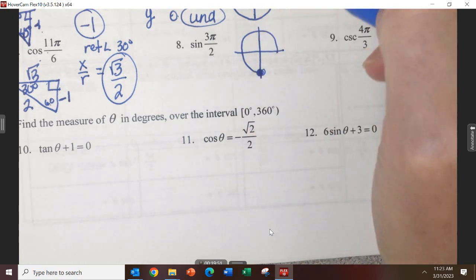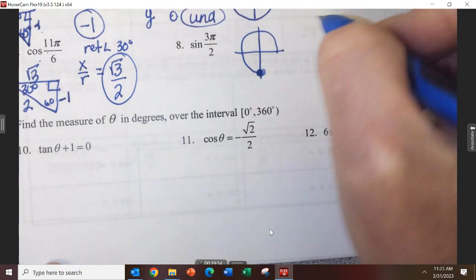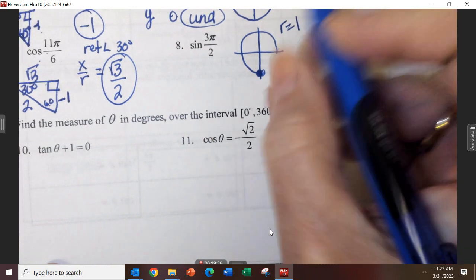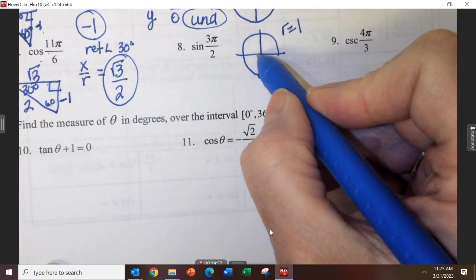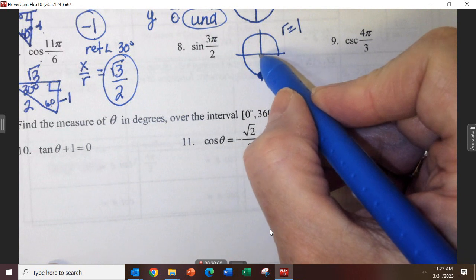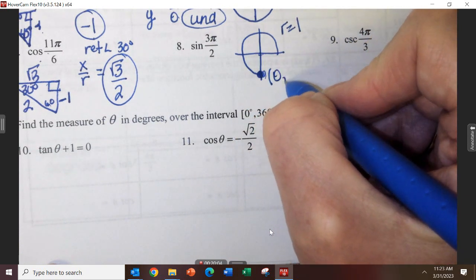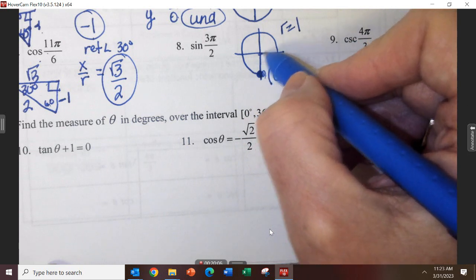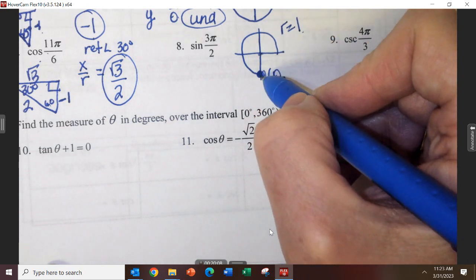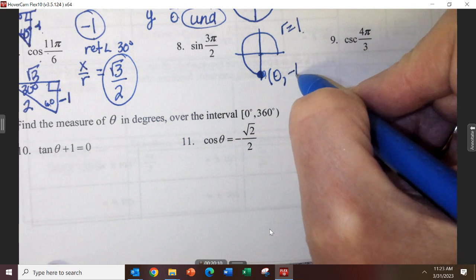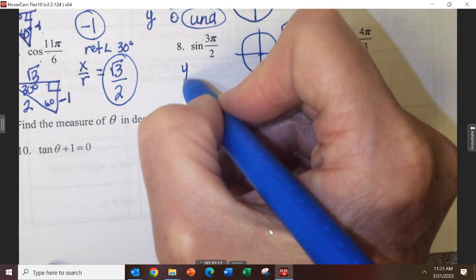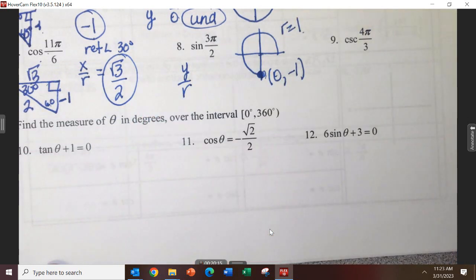Here's why, you guys. Let's just let our radius be 1. R equals 1. This point is over how far? In the x direction, it's 0, right? In the y direction, what is it if the radius is 1? -1. Isn't sine y over r?